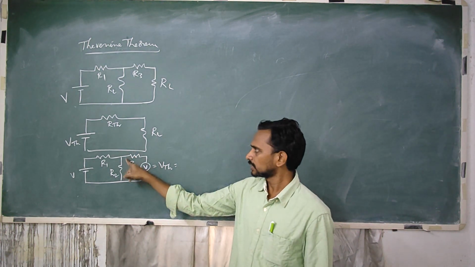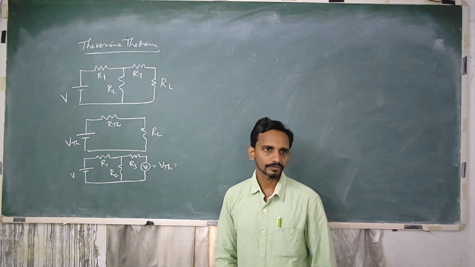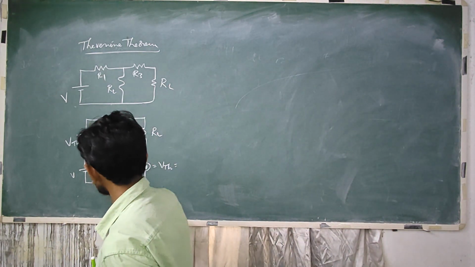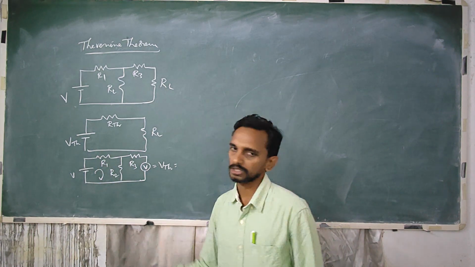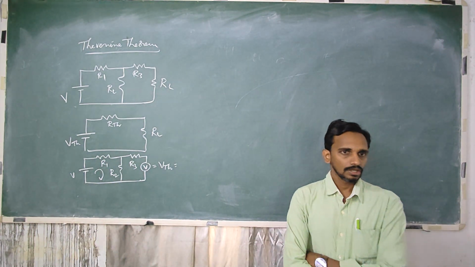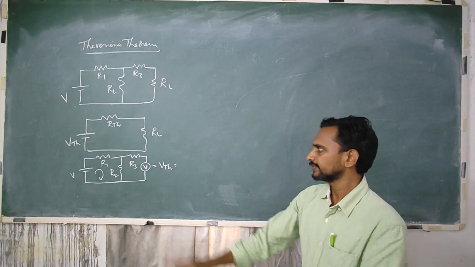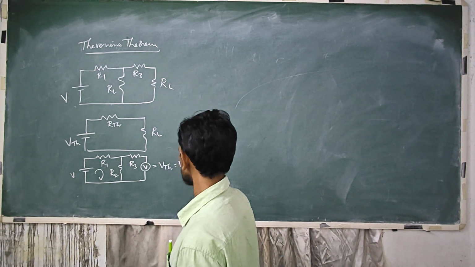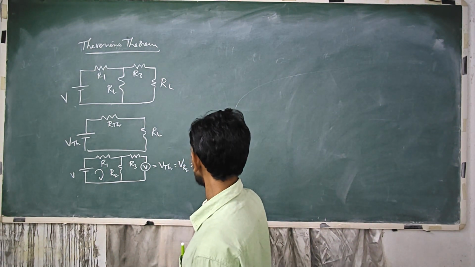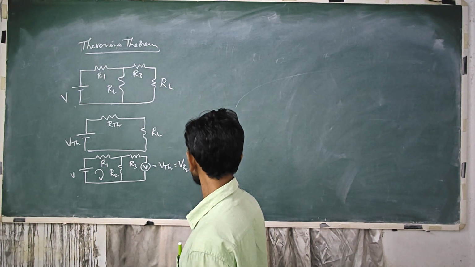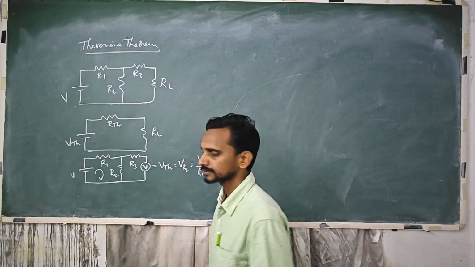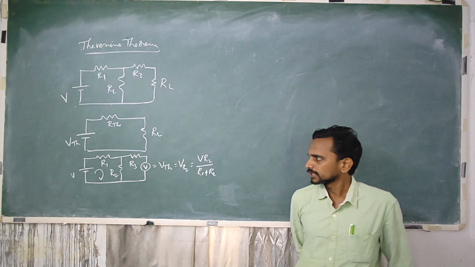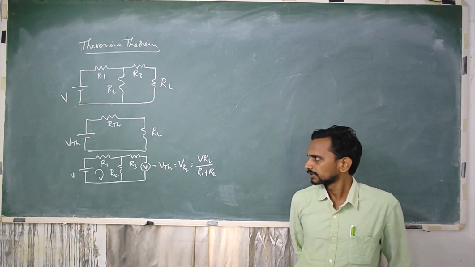So no current flows through R3, and entire current flows only through this channel R1 and R2, and ultimately VTH will be equal to voltage across R2. It is equal to VR2, which can be written as V times R2 by R1 plus R2. So that is VTH.